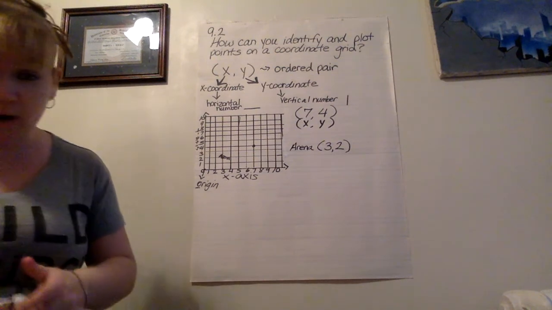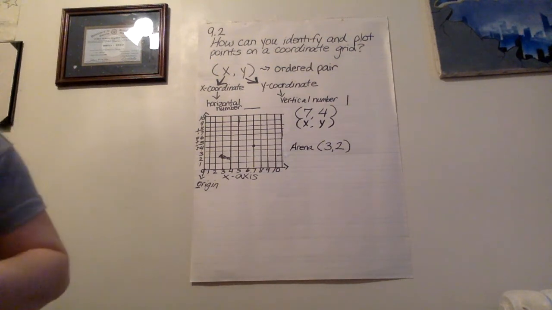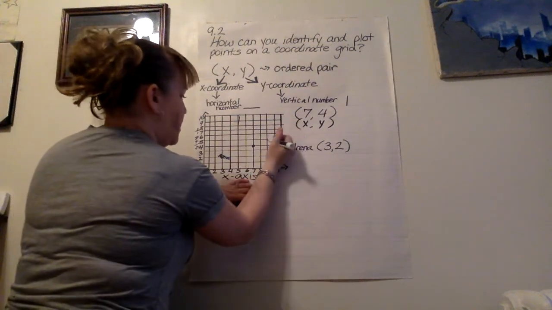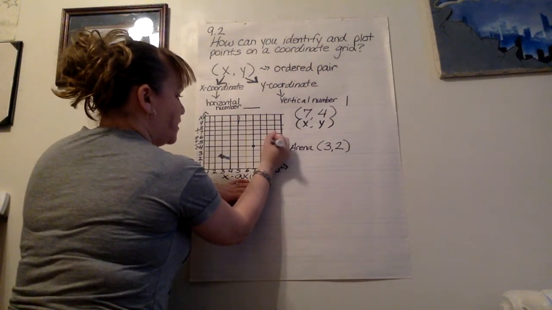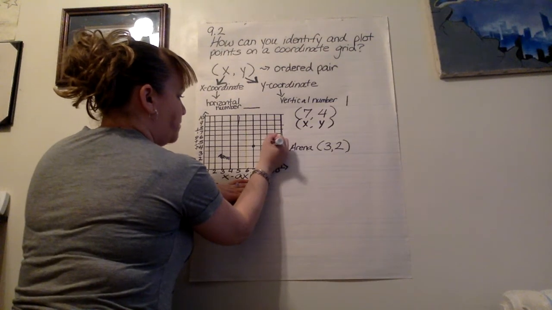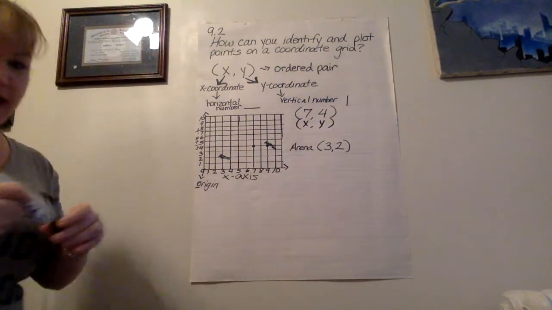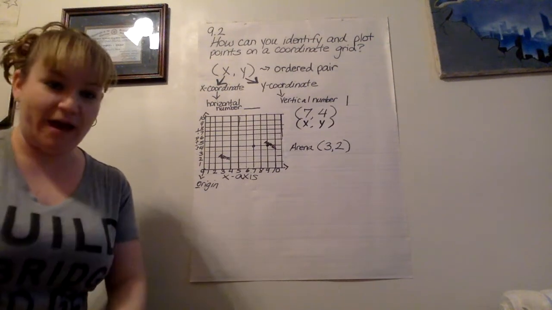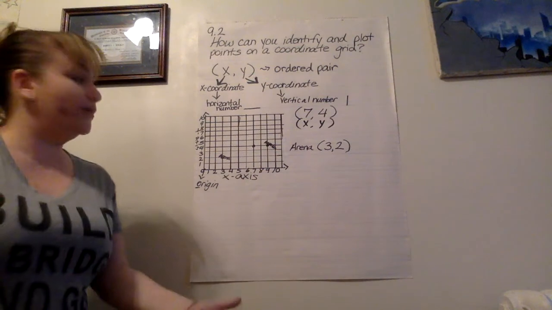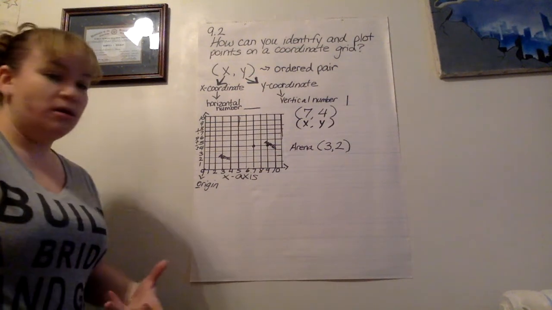Now what about the aquarium? Well, I'm looking at it right now. I'm just going to put aquarium, a big black dot right exactly where it's at, the same thing that you have in your book. And I just labeled it here. What's the ordered pair? That's what they want you to figure out.